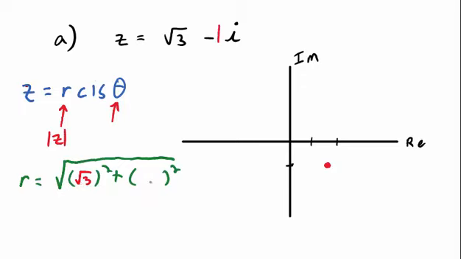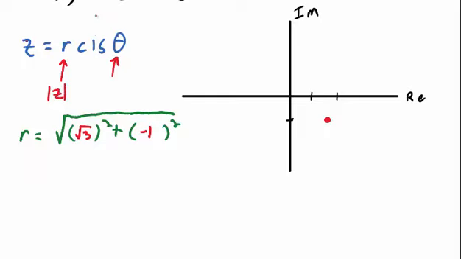And b is, technically it's negative 1, but it's not going to matter because you're going to square it, right? So what do you end up with underneath the radical once you square and add? 3 plus 1, right? So square root of 4. Or the absolute value of z then is 2. We say r equals 2.